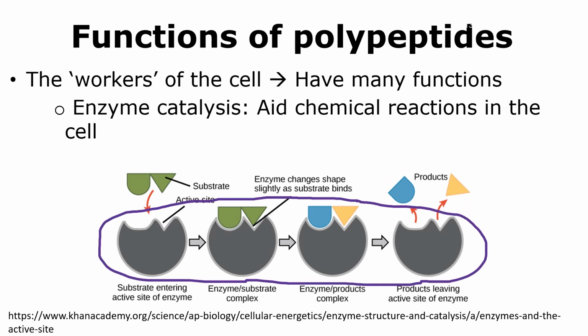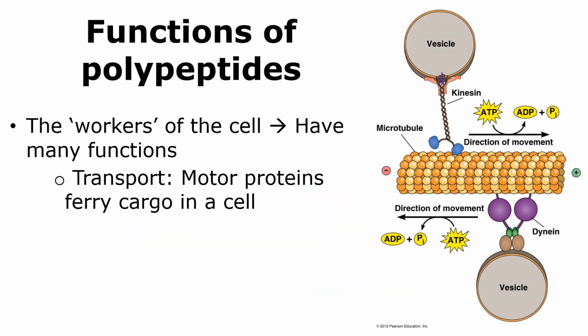It's able to do that by binding to the substrate and mediating the reaction to go faster, and once the products are formed, they dissociate from the protein or the enzyme. Another function of polypeptides is to mediate transport.